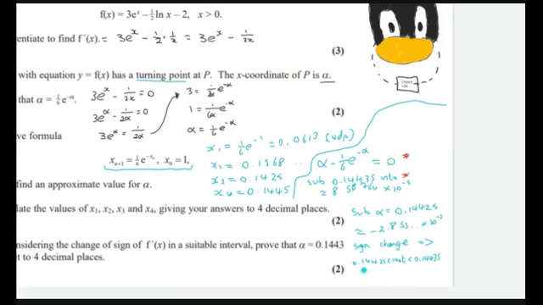And in particular, if that root is in between those to 4 decimal places, 100% it has to equal 0.1443.